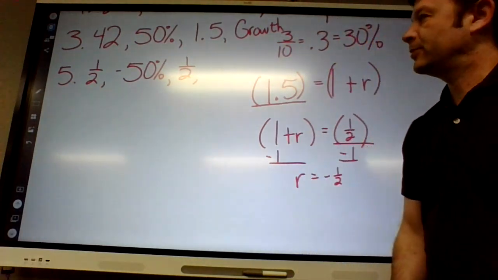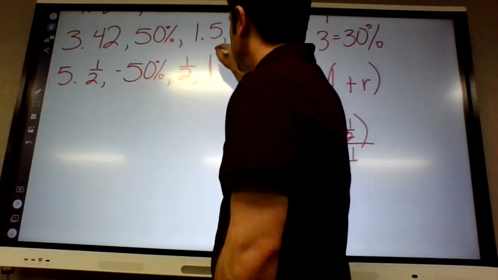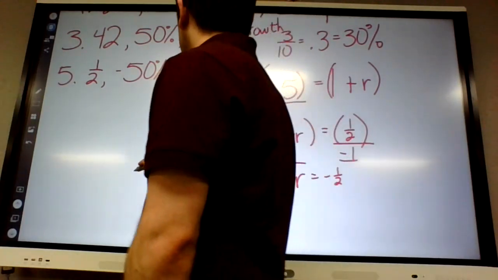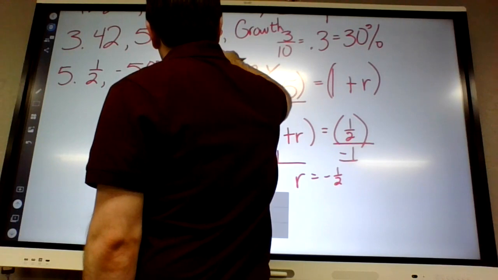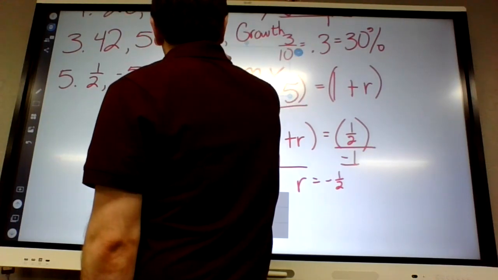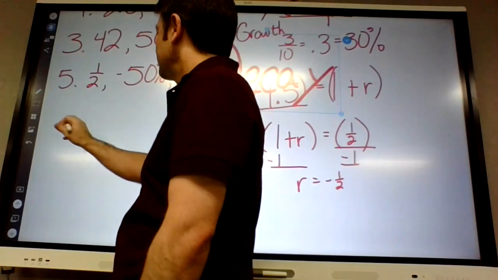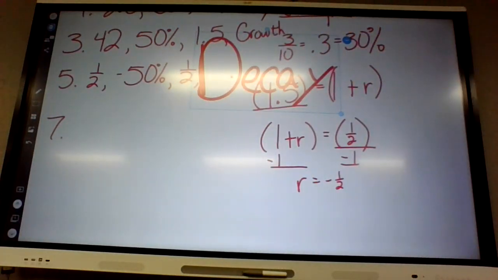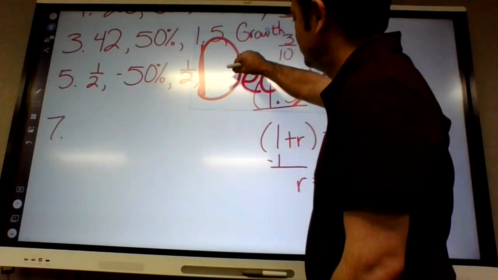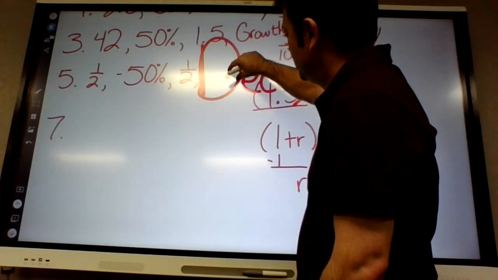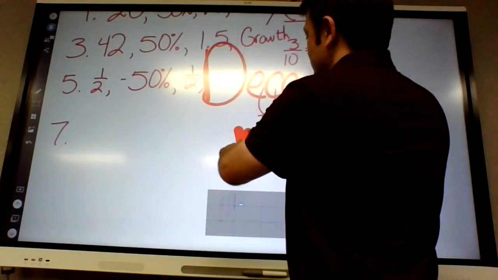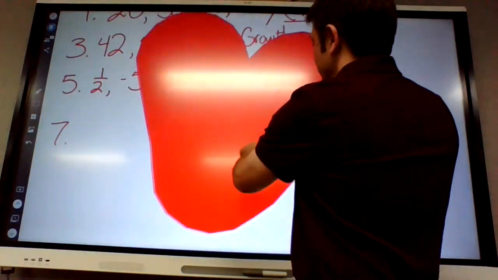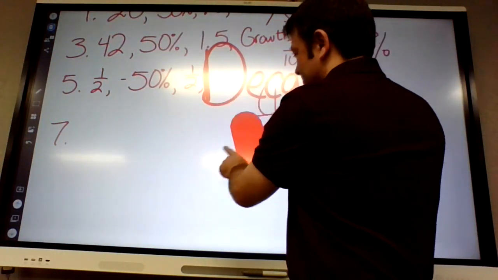Is this an example of growth or decay? There's a random dot that kind of looks like a heart. It does look like a heart. Oh, wow.